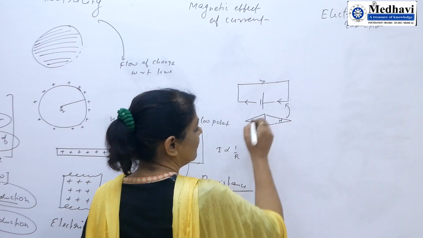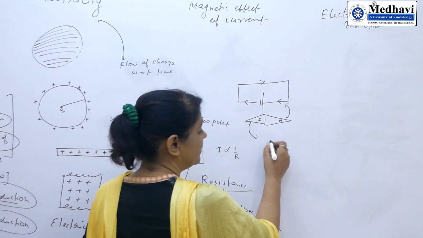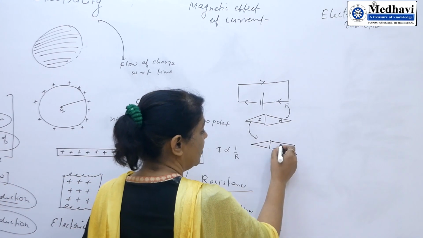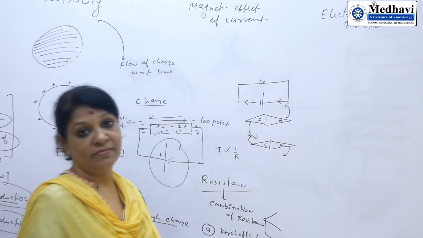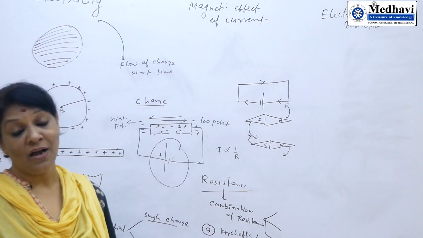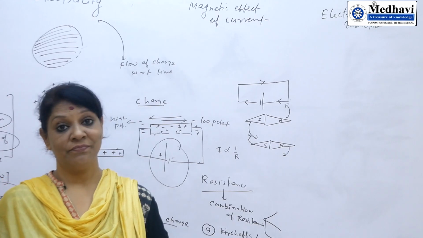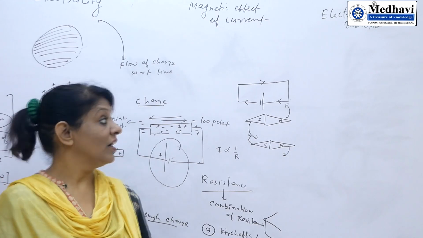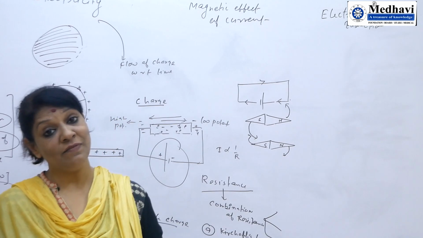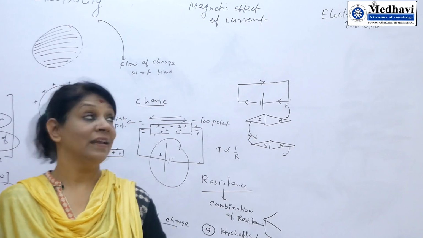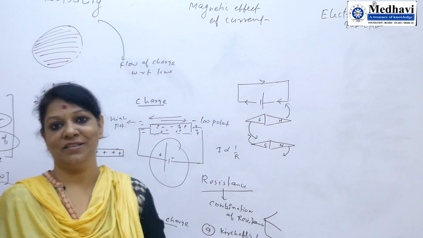He reversed the direction of current, and he observed that after reversing, the direction of movement of the magnetic compass changed. Then he said that a magnetic material will produce a magnetic field, okay, but when a current is flowing through a wire, then that current will also produce a magnetic field. That's why its name is magnetic effect of current.